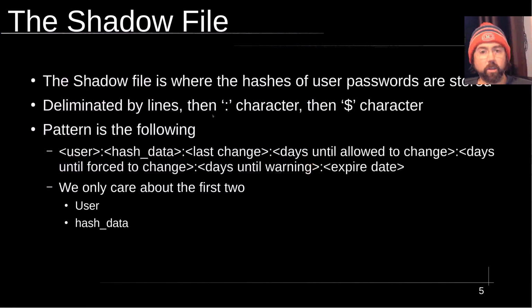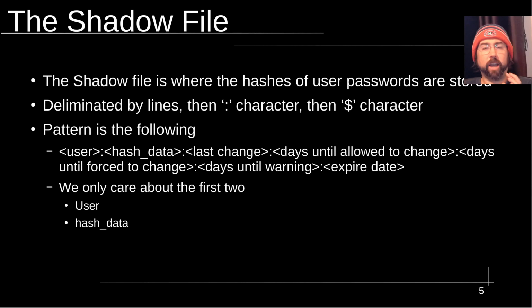So the file format for the /etc/shadow is: it goes user, then a delimiter of a colon, then your hash data, another delimiter, and then a bunch of data that we don't really care about for cracking the password hash.